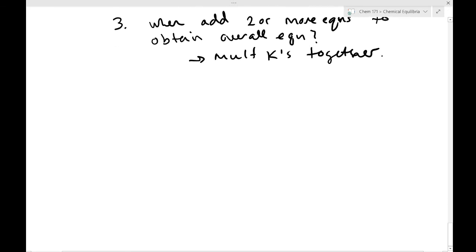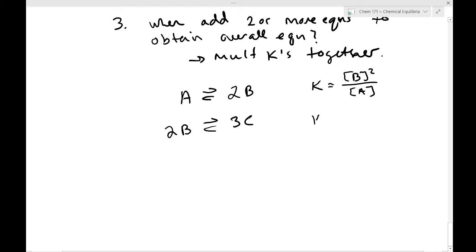For example, if I have the reaction of A decomposing into 2B, I have an equilibrium constant K1 equal to B squared over A. And to this I want to add 2B goes to 3C, which has K2 equal to C cubed divided by B squared.